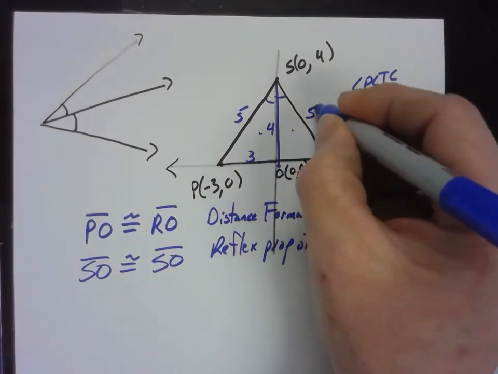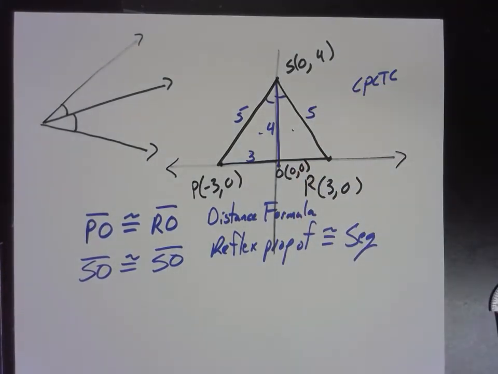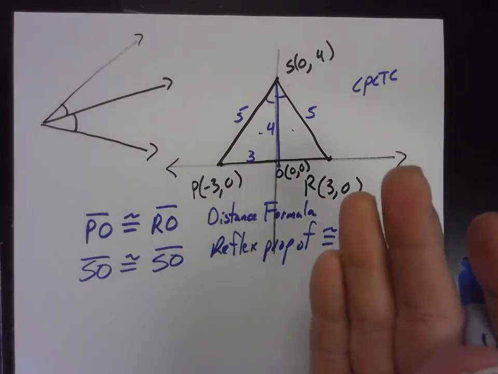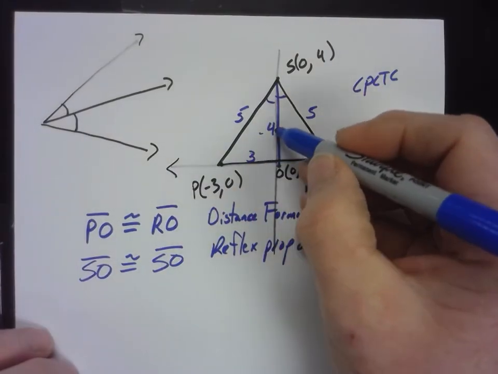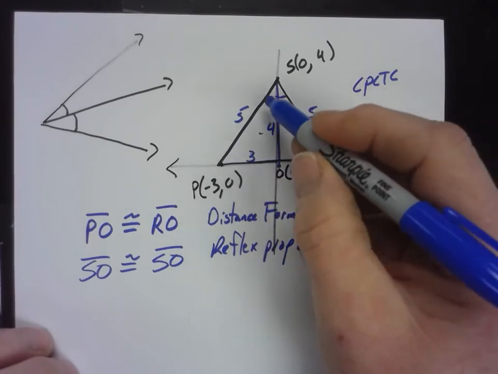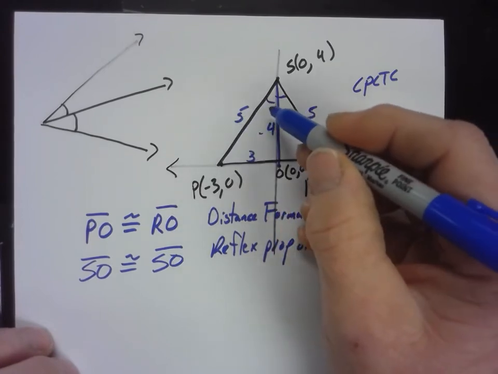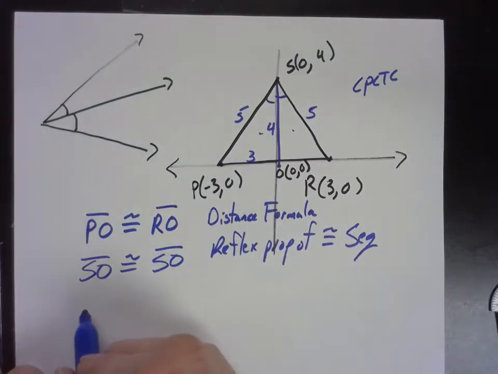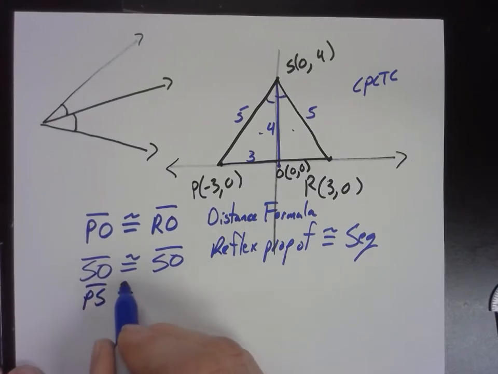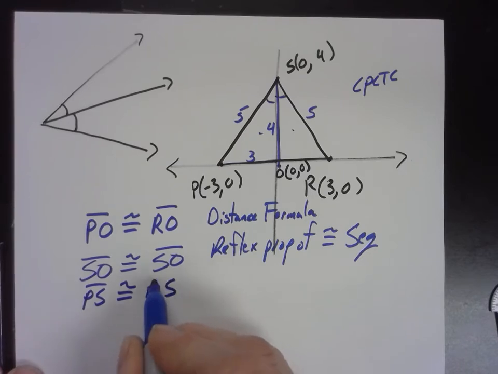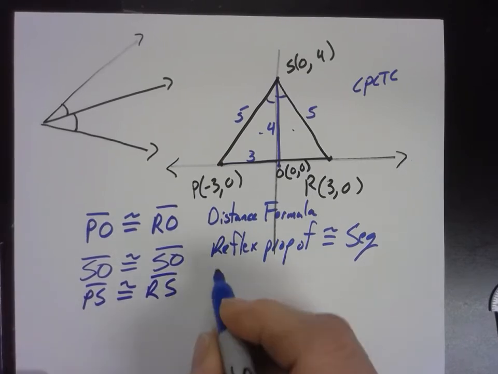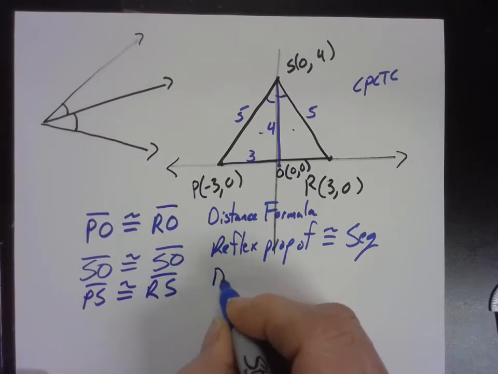Even then, you still say, I use the distance formula. Now, I'm not going to use the distance formula in this case because the Pythagorean theorem is so much nicer, isn't it? And aren't they the same thing anyway? Okay. So we're going to say that PS is congruent to RS. What's our reason? Distance formula.